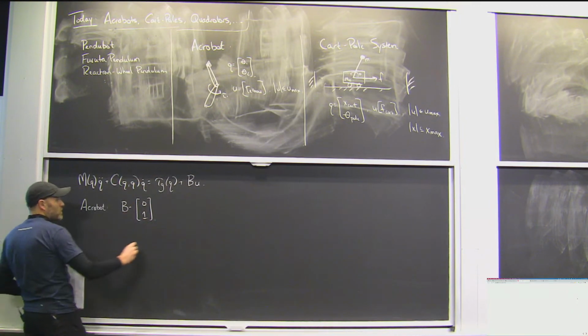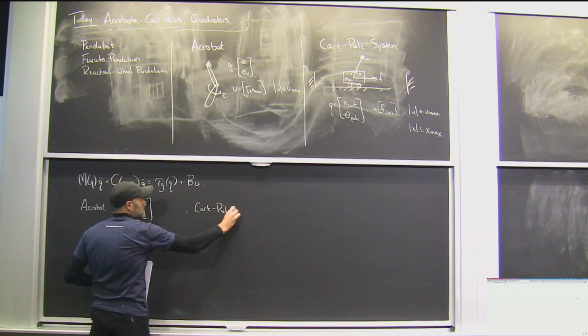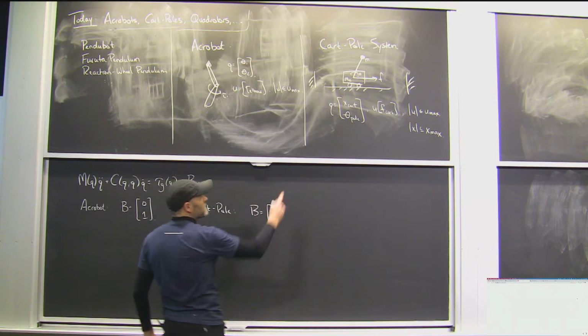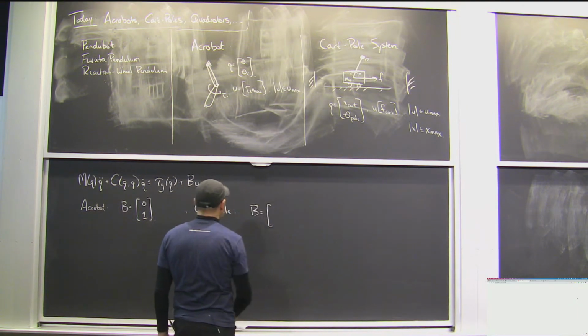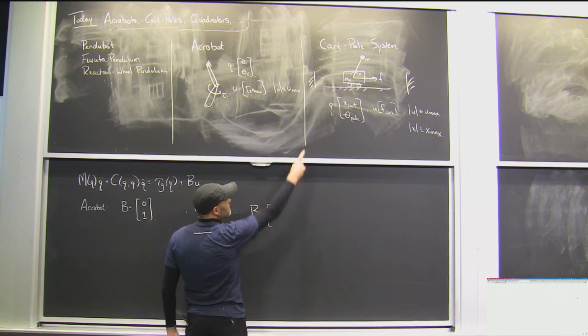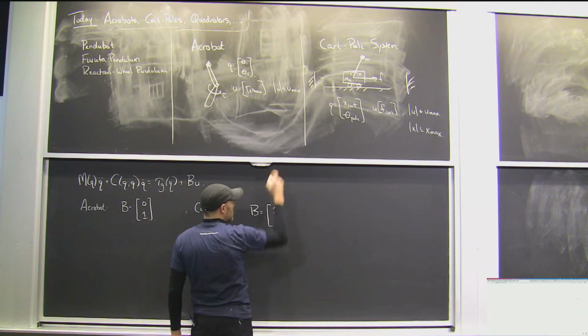And for the Cartpole, B, the control input, is the same size here. It's also 2x1. And this time, it's generating acceleration directly on the first coordinate. So it looks like this.